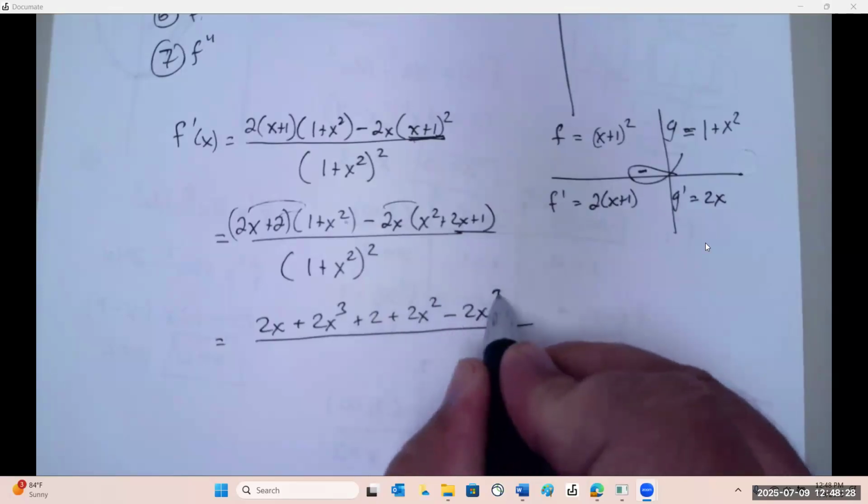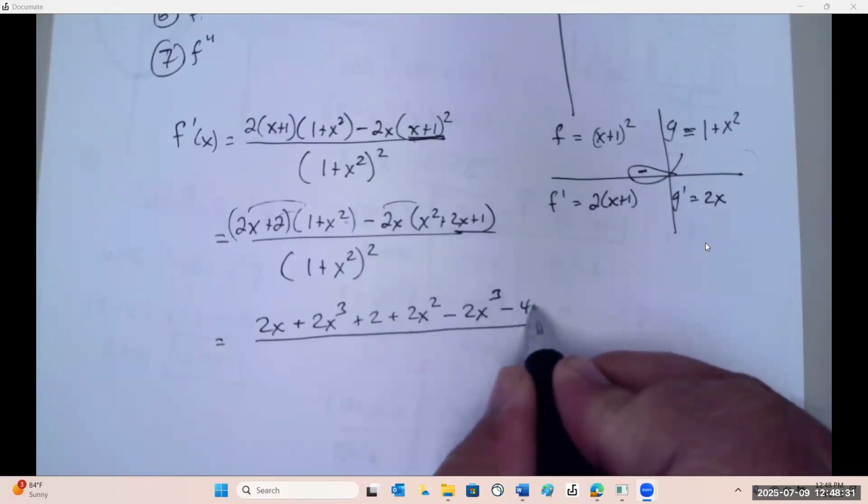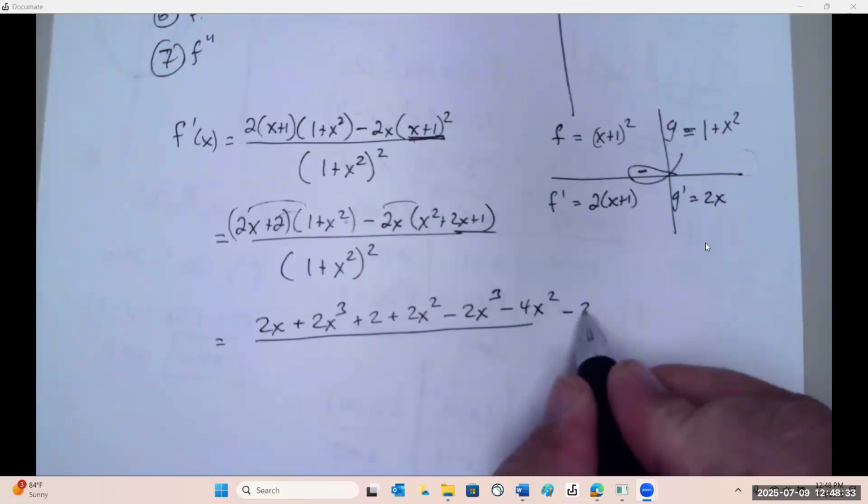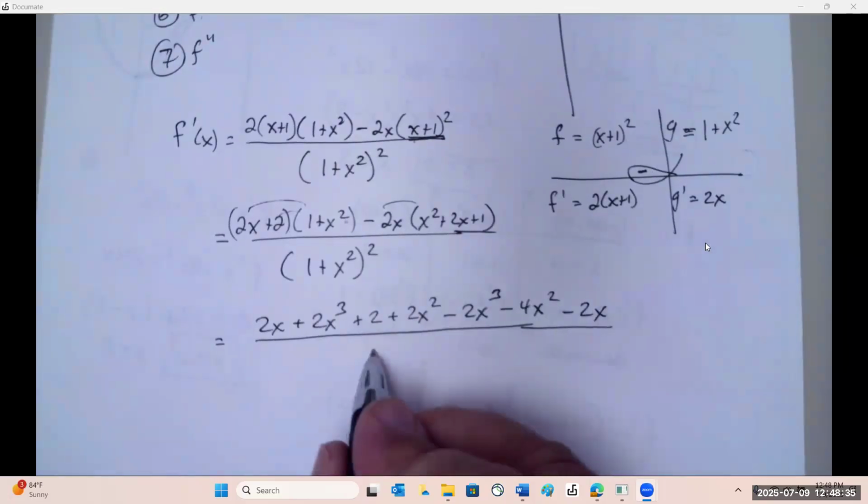Minus 2x cubed, minus 4x squared, minus 2x.